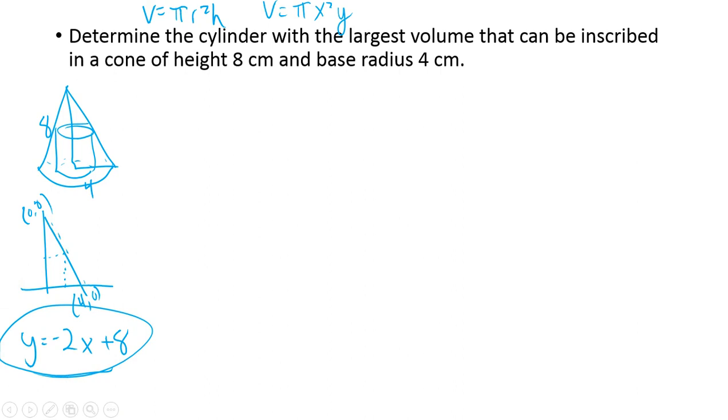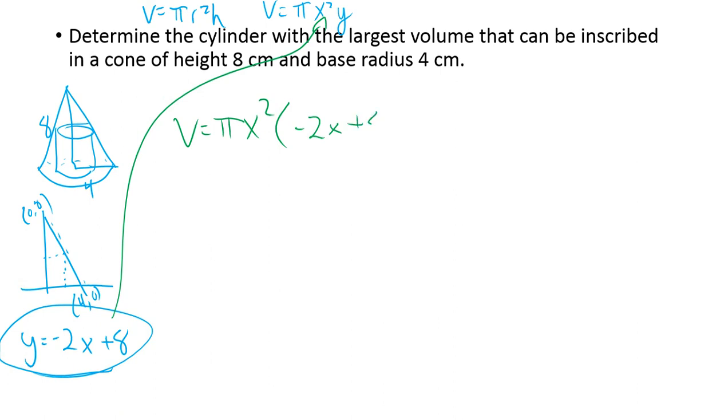So now we take this y and plug it in there. We have v equals pi x squared times (negative 2x plus 8). Multiply everything in, and we get v equals negative 2 pi x cubed plus 8 pi x squared.